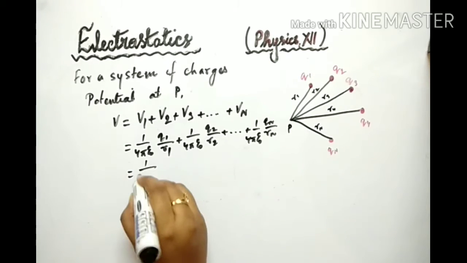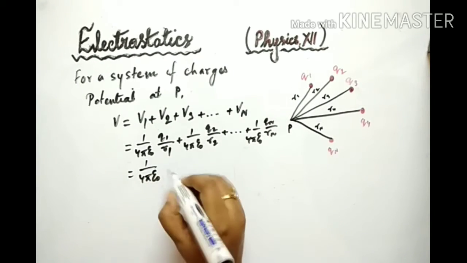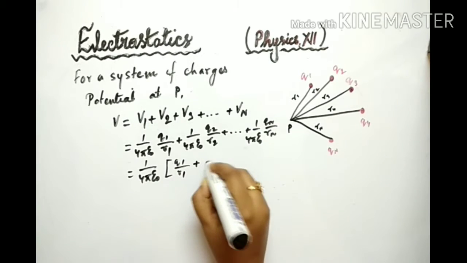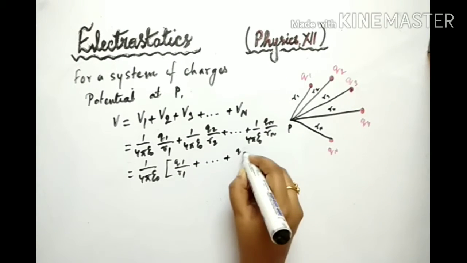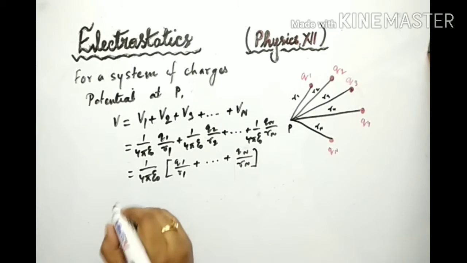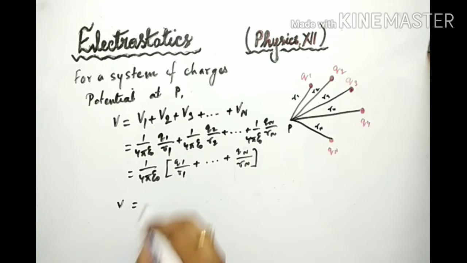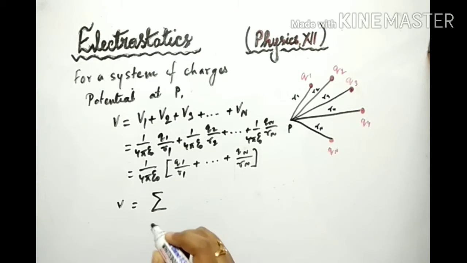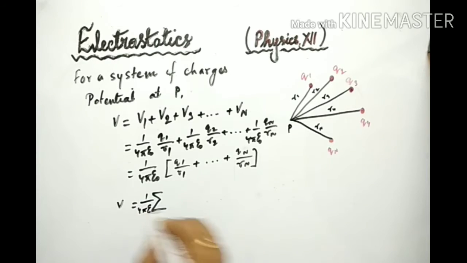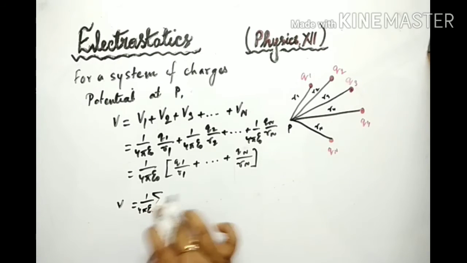If you take common 1 by 4 pi epsilon naught, it will be Q1 by R1 plus plus Qn by Rn. So this we can write in general form, where 1 by 4 pi epsilon naught is common.